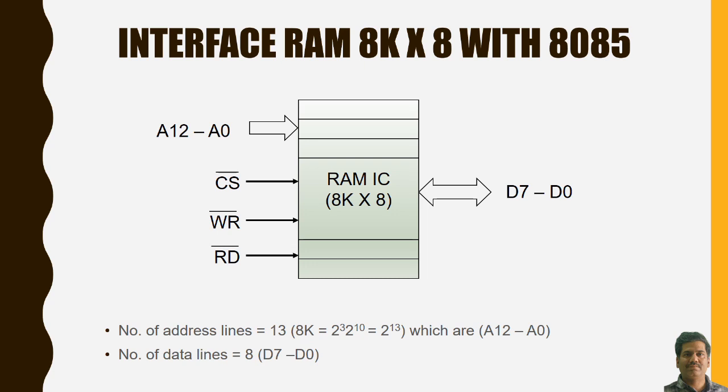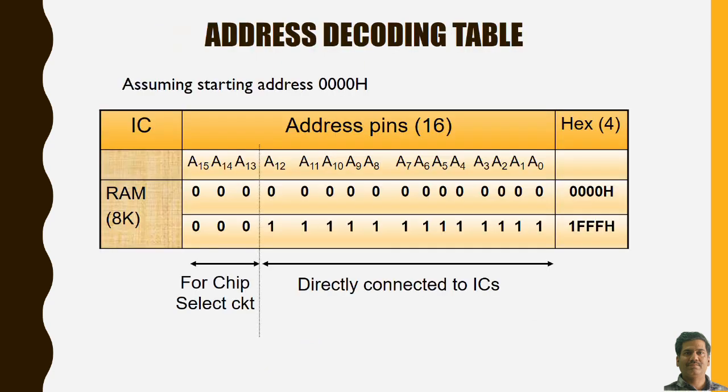The number of address lines required are 13, which are in this particular case A0 to A12, and the number of data lines required are always 8. So the typical structure of the RAM IC is shown in front of you, where address lines A0 to A12 are required, and other signals that are required are CS bar, WR bar, RD bar, and the data bus has to be interfaced. The address decoding table for this RAM IC is shown here.